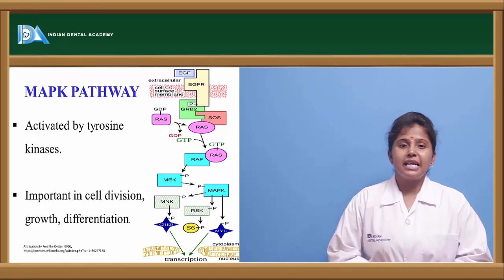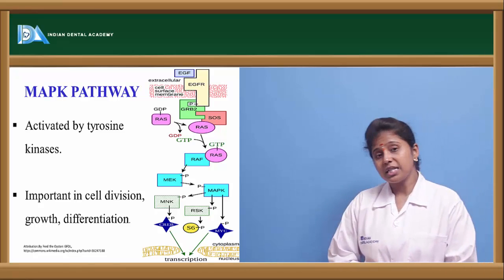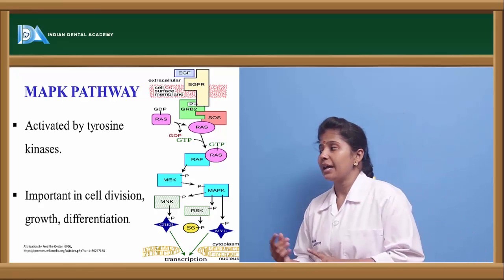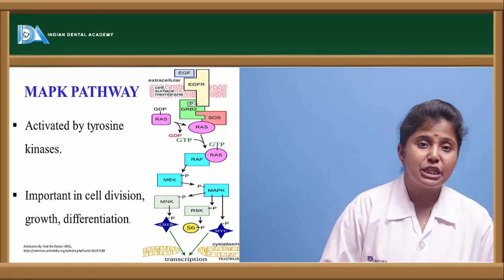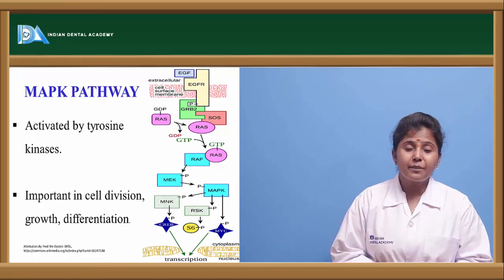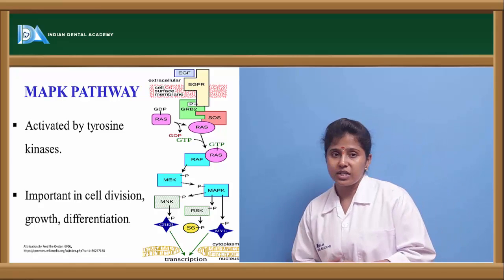If we see the MAPK pathway, this enzyme linked pathway has two mechanisms. One is the MAPK pathway and the other one is the JAK-STAT pathway. This MAPK pathway is activated by a mediator called tyrosine kinases.